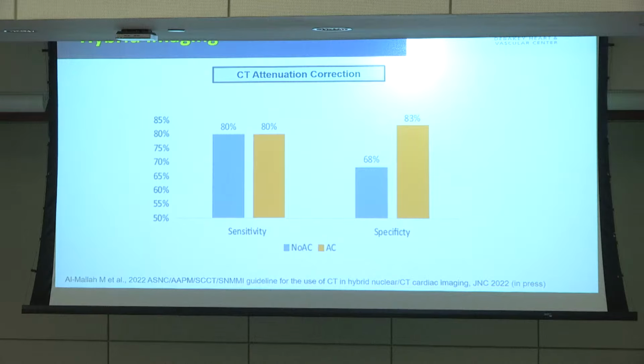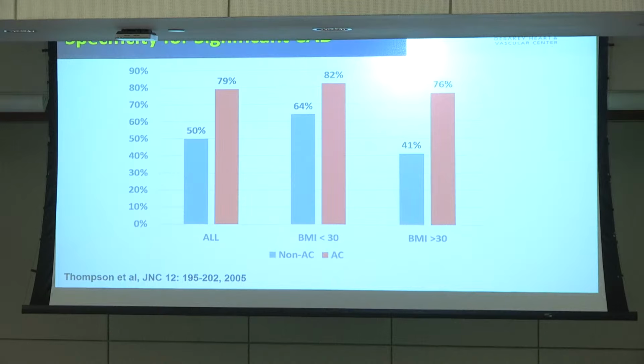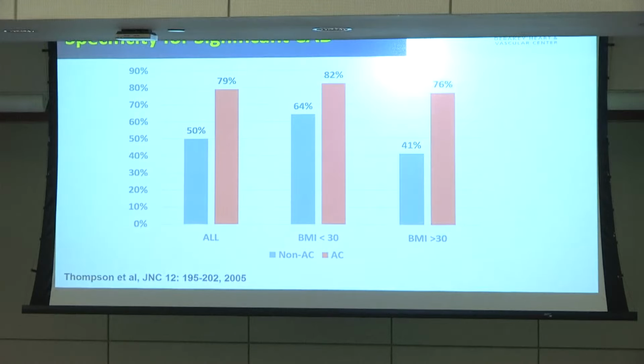In another 20-year-old study by the Mid-America Heart Institute group, they showed that it's even more important in obese patients. If the patient BMI is 30, you can see the specificity was really low, and the improvement in specificity is significant by using attenuation correction.